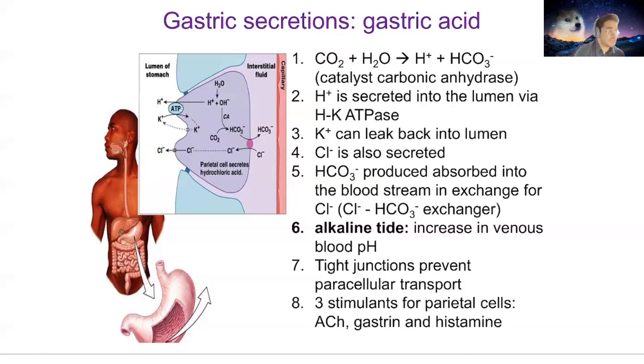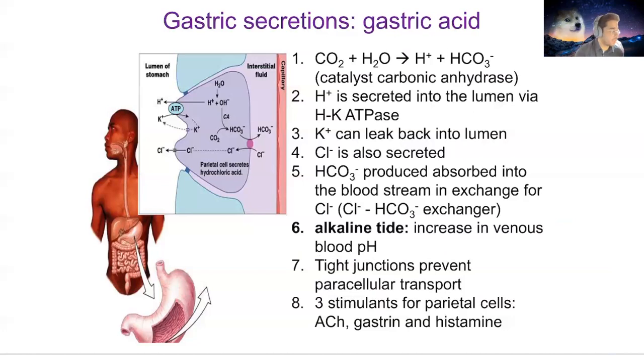H+ ions have to be brought in somewhere, and we get these naturally, but in the process of doing that, a whole bunch of bicarb has to be released into the blood. So what happens is you become basic after you eat. I mean, it's kind of funny because everyone's basic after they eat. Everyone wants to go into a food coma. It's called the alkaline tide.